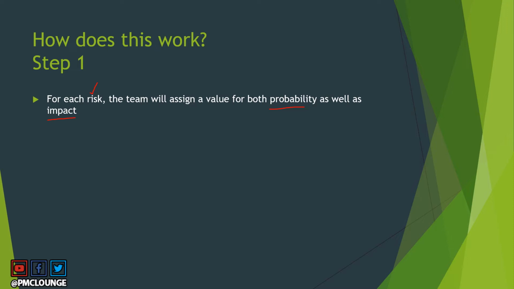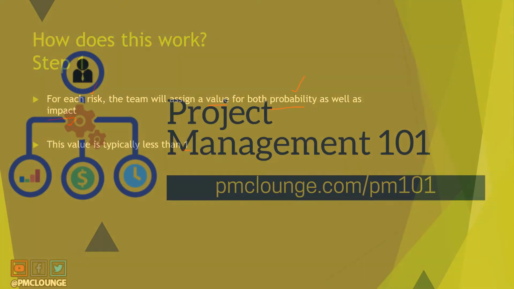This value is actually a number for both the probability of the risk occurring as well as the impact if the risk actually materializes or actually occurs. This value is typically less than 1. So that's step number one. Check your risk register out and assign a value of probability and impact for every single risk.